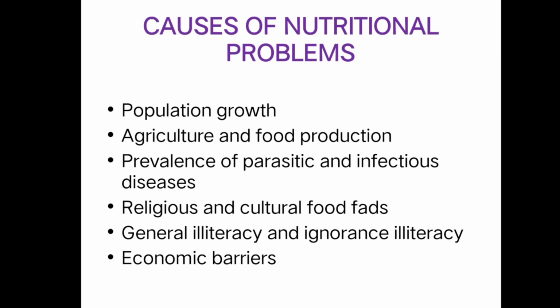And in the same way, religious and cultural food fads. In some religions or cultures, they will not be consuming some particular type of food. For example, in a particular religion, they are not consuming fishes. So the omega-3 fatty acid that is present in fishes in abundant amount, the person who is ignoring fish will have a lack of those omega-3 fatty acids.